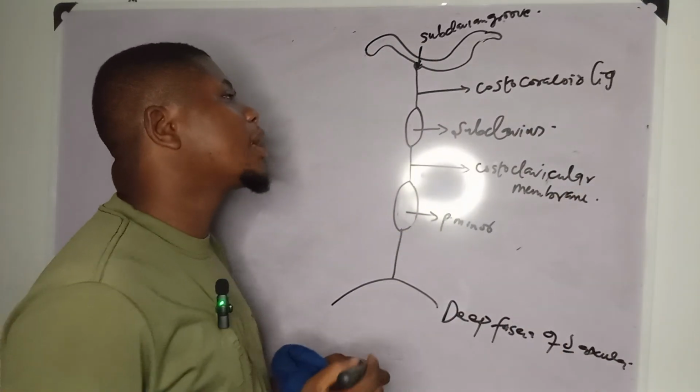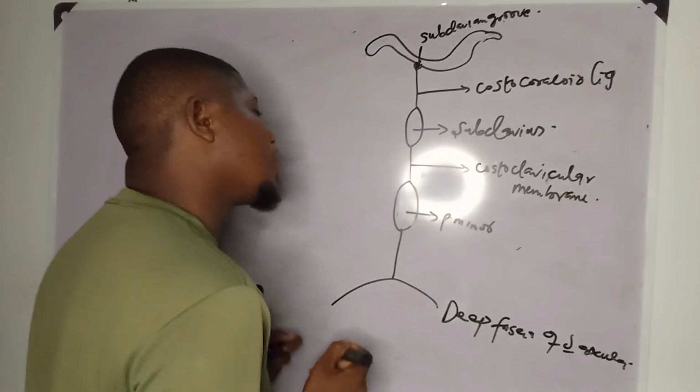This one is the costocoracoid ligament, and this one is the costoclavicular membrane.